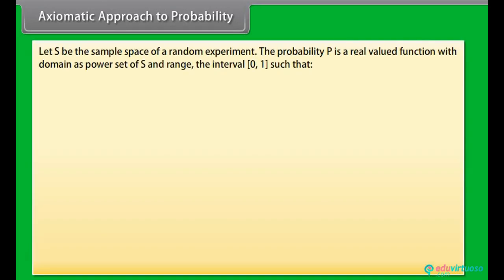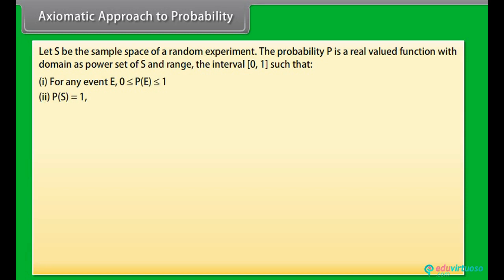Axiomatic approach to probability. Let S be the sample space of a random experiment. The probability P is a real valued function with domain as power set of S and range the interval 0, 1, such that 1. For any event E, 0 less than or equal to P(E) less than or equal to 1. 2. P(S) is equal to 1.